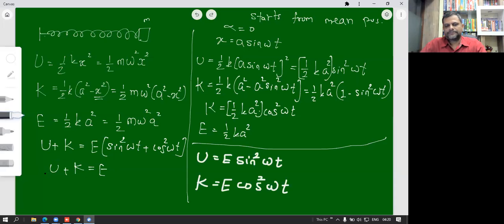So this had to happen. So remember properly that this U is expressed in terms of time in this way, and K also is expressed in terms of time in this way.